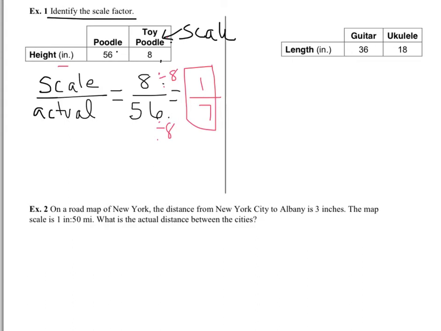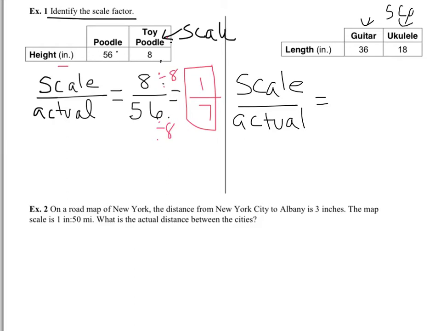For the other side, we're going to do the same thing. We're going to compare the scale to the actual. Here we have a guitar, which is going to be our actual, and our ukulele, which is our scale, because it's like a little small guitar. So I have 18 over 36.